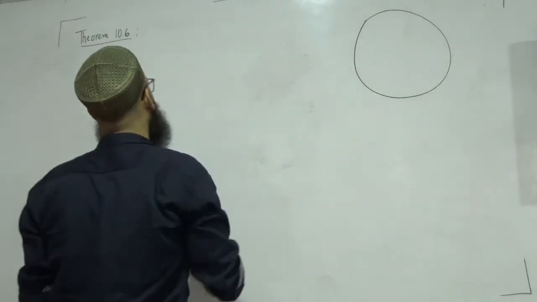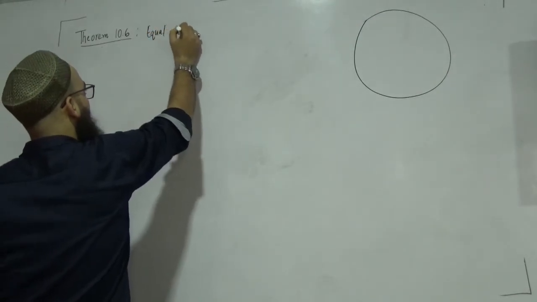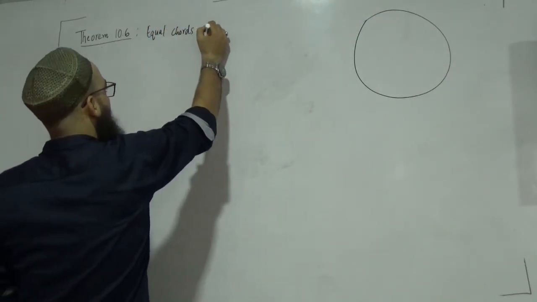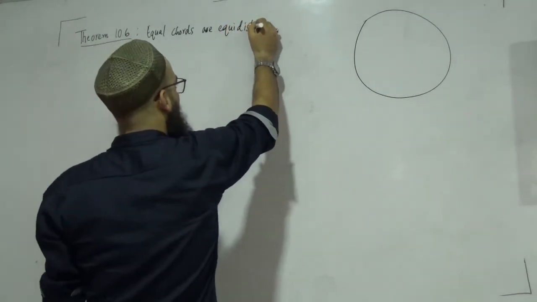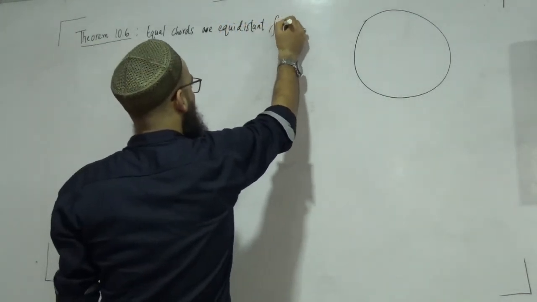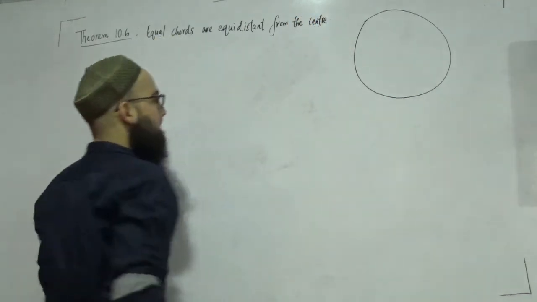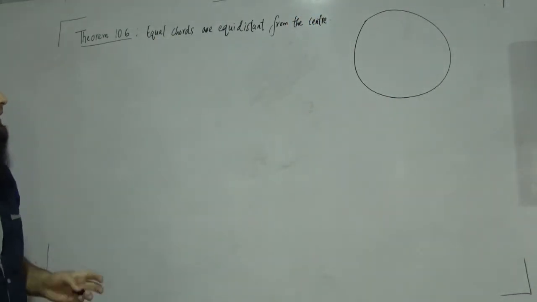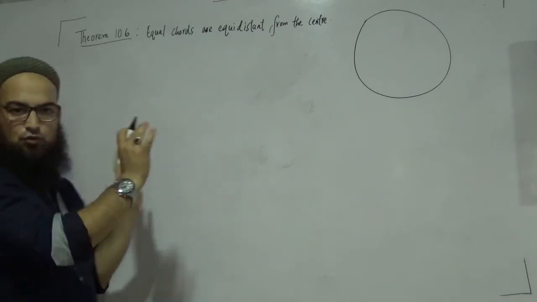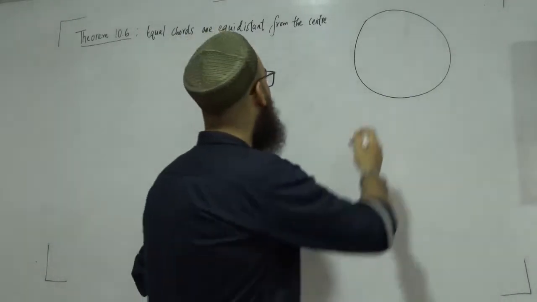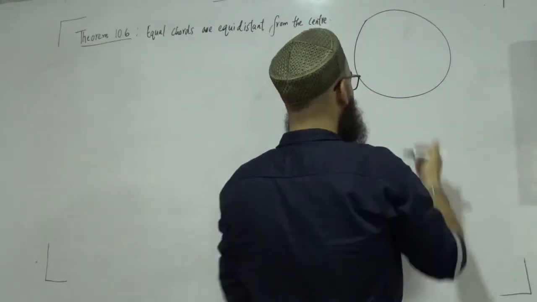If I have a circle, equal chords are equidistant from the center. Equal chords of a circle or of two congruent circles. If you have two congruent circles, the result is the same in that as well. So equal chords of a circle are equidistant from the center.